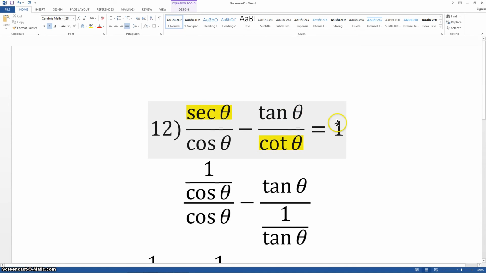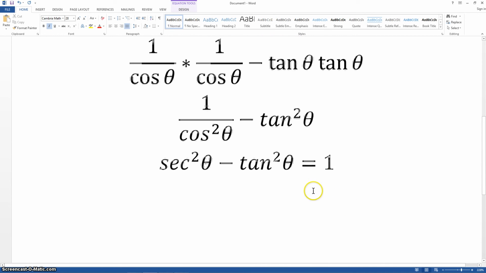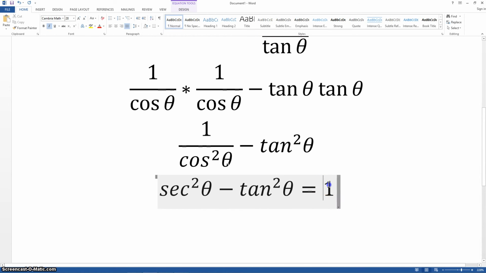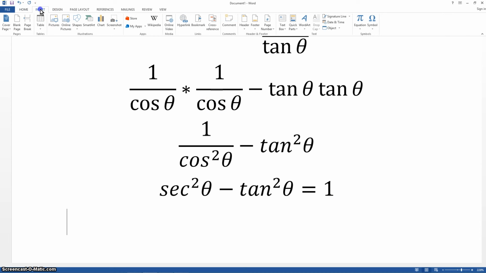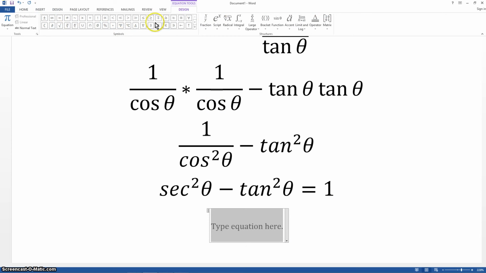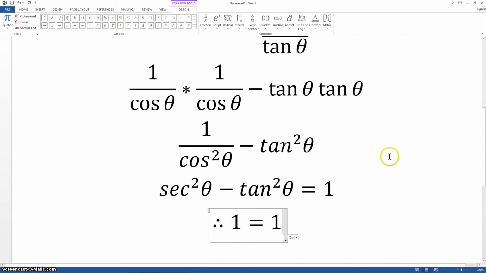And is that what we were supposed to get up here? Yes, it was. So we're going to finish it and say that, therefore, 1 equals 1. And that's it. That was number 12.